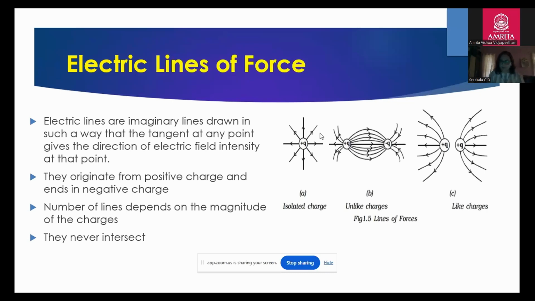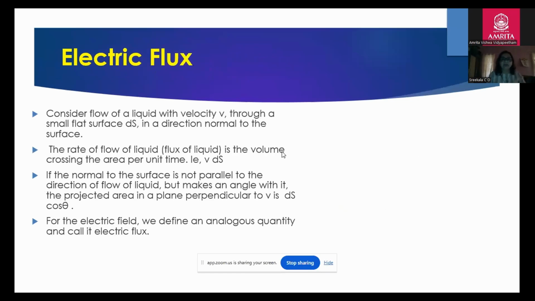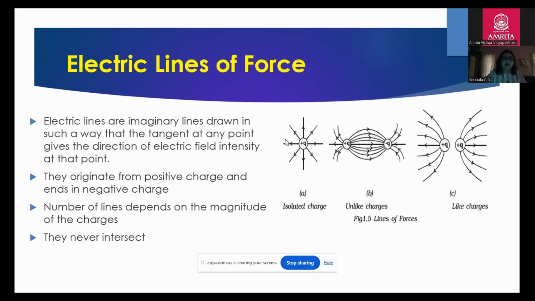So these electric lines originate from a positive charge and end on a negative charge. The number of lines starting from the positive charge or ending on a negative charge depends on the magnitude of the charge. If the magnitude increases, then the number of lines will also increase.